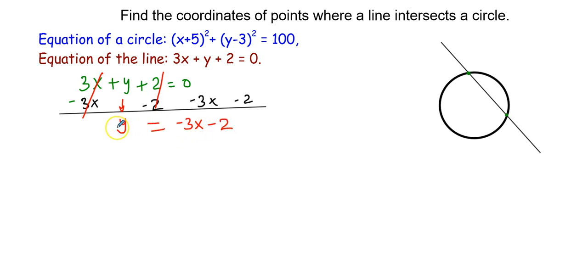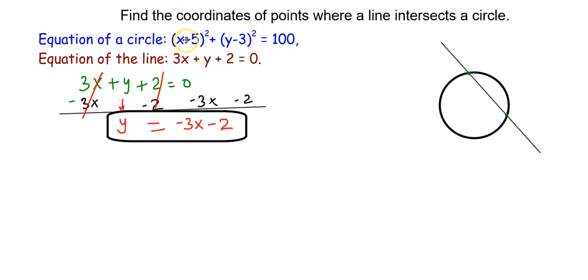So now we have y = −3x − 2. Now this value of y, I'll substitute in the given equation of a circle. Remember, we are trying to find what are those 2 points of intersection.